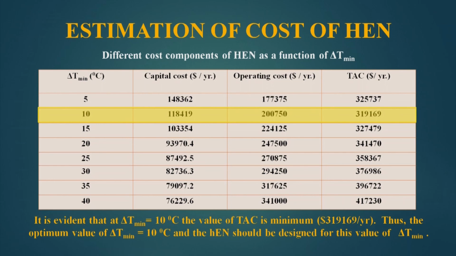So, what we see is that if I am near a delta T minimum of 10, then the TAC of the heat exchanger network will be lowest, and if I increase the delta T minimum more than 10, its TAC is increasing, as the operating cost is far more than the capital cost. So, obviously, the optimization moves delta T minimum towards the lower operating cost, and that is why you get a value of 10 degree centigrade here.